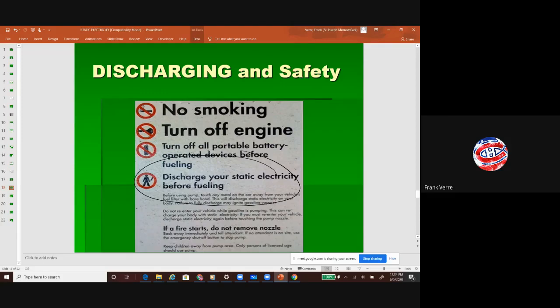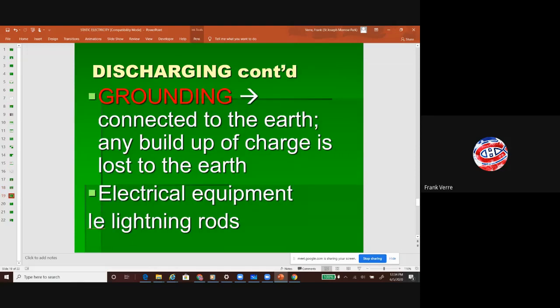It's kind of like rubbing your feet against the carpet. You pick up a charge, and if you touch something metallic while you're pumping fuel, I guess that theoretically could ignite the fuel and cause a fire. So the idea is to discharge, touch something metallic, like you saw in the animation, a doorknob or your car, which is made out of metal, so that when you do discharge, you're neutral and therefore you're okay.